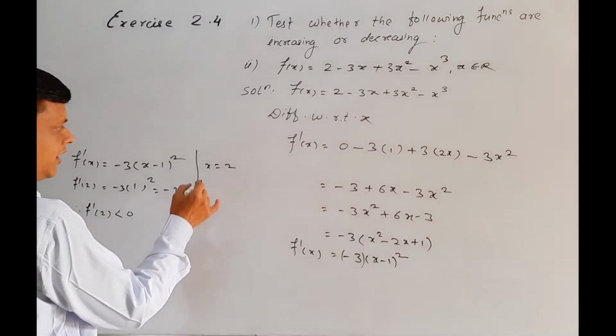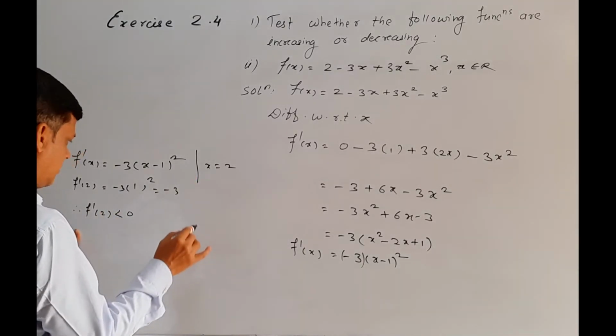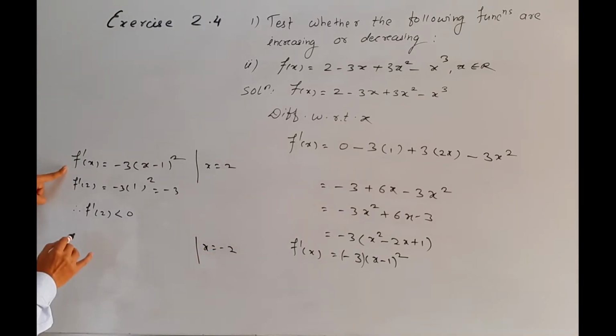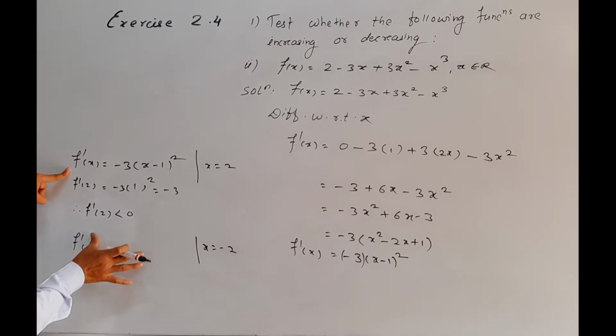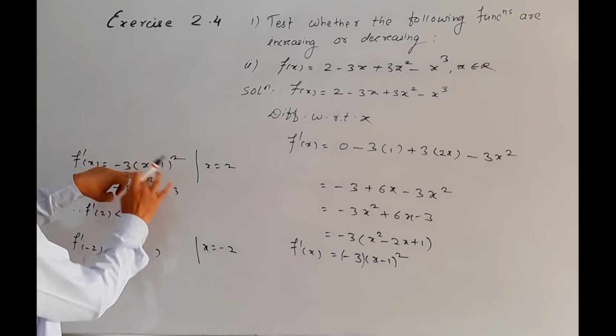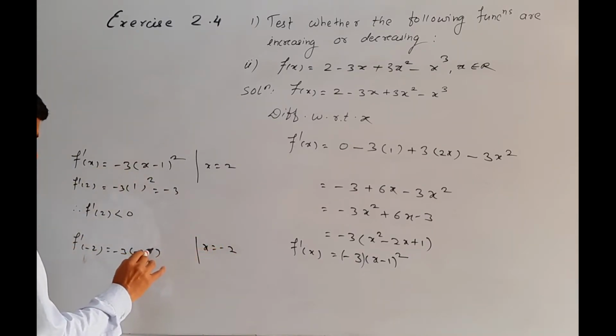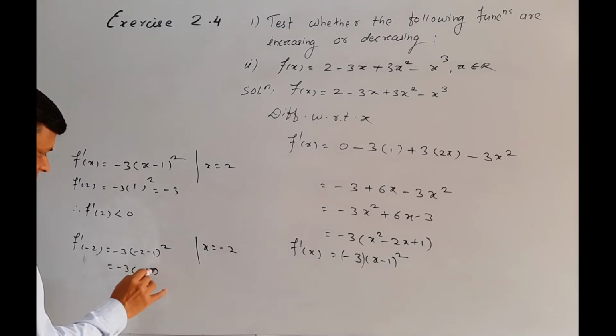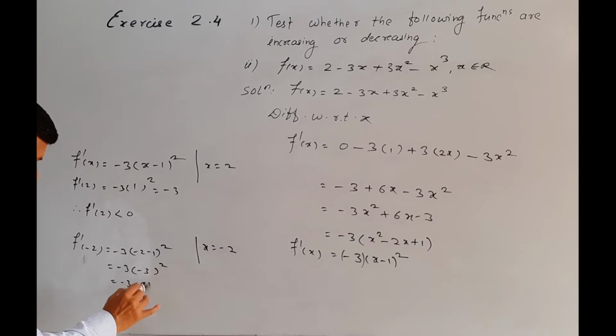Now we check for x equals minus 2. When x is equal to minus 2, f dash of minus 2 is equal to minus 3 into, here we replace this x by minus 2, we get (minus 2 minus 1) its square, that is minus 3 into (minus 3) its square, so minus 3 into square of minus 3 is plus 9, which is equal to minus 27.